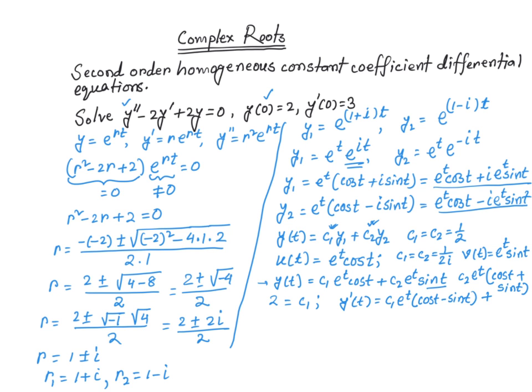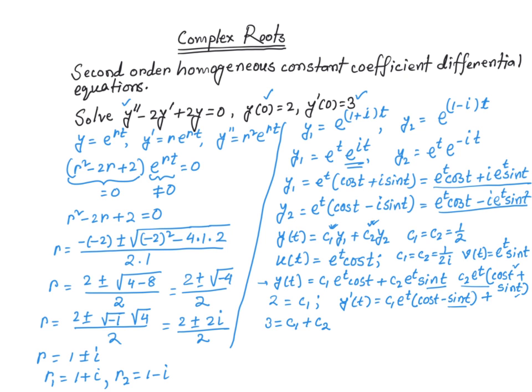Now, if I plug in y prime of 0 equals 3, I get 3 equals C1, because sine of 0 is 0, cosine of 0 is 1, and e to the power 0 is 1. Similarly, from the second term I get C2, because cosine of 0 is 1, sine of 0 is 0, and e to the power 0 is 1. So C1 plus C2 is equal to 3.